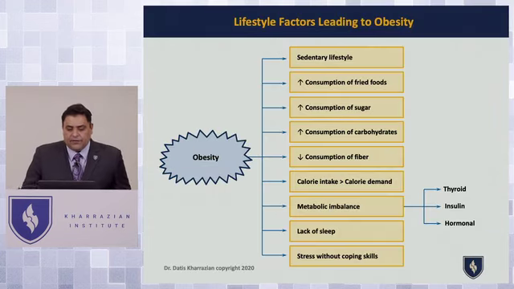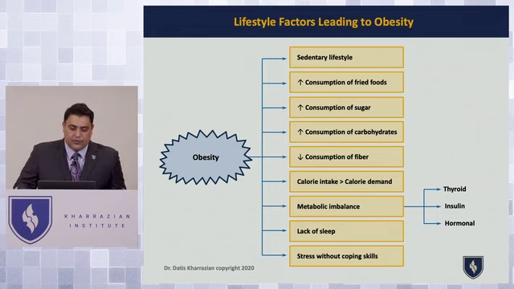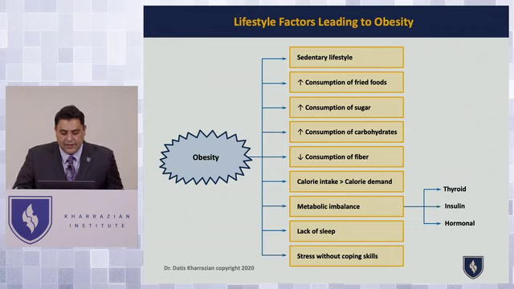Now, we know the lifestyle factors leading to obesity: sedentary lifestyle, consumption of fried foods, sugars, and carbohydrates, decreased consumption of fibers, caloric intake greater than caloric demand, metabolic imbalances, lack of sleep, and stress without coping skills. If you actually tried to create a lifestyle to completely disrupt sperm, that would be it.